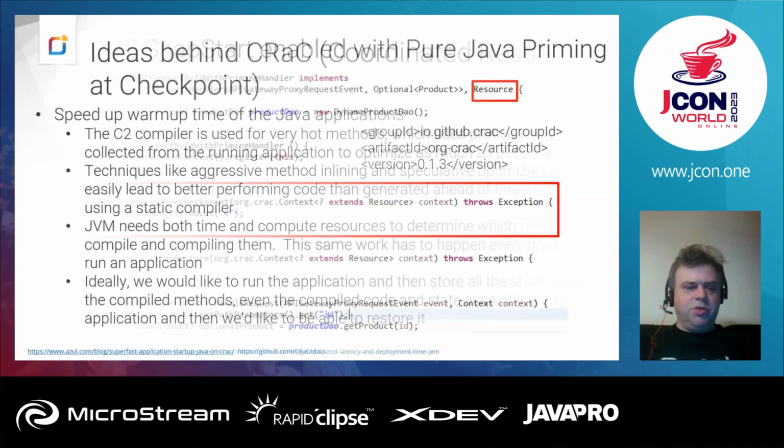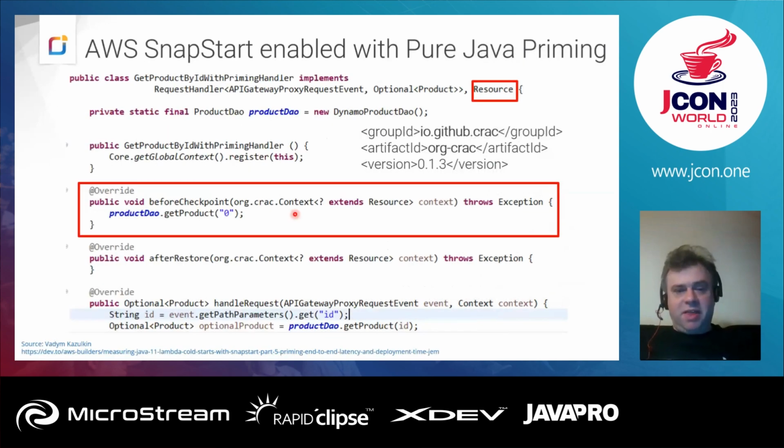What you can do with that: this adds two methods, before checkpoint, before the snapshot is created, and after restore, so after the snapshot is restored. And once again, before checkpoint is executed in the deployment phase, so there's no real impact on the real invocations.